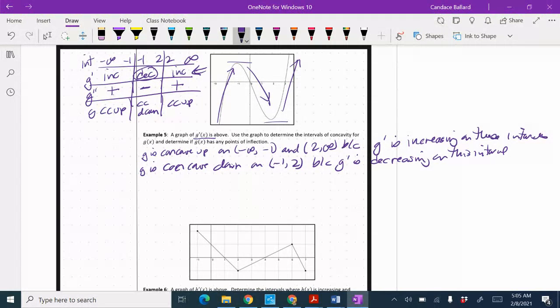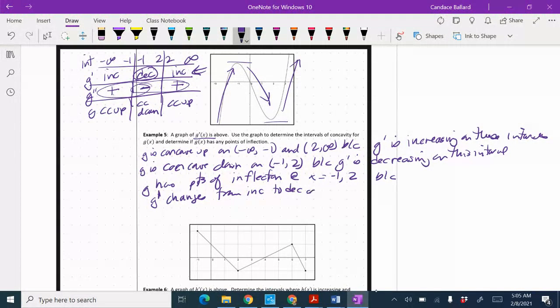And then as long as my sign changes, I know that I've got a point of inflection. So g has points of inflection at x equals -1 and 2 because g prime changes from increasing to decreasing or decreasing to increasing at these values.